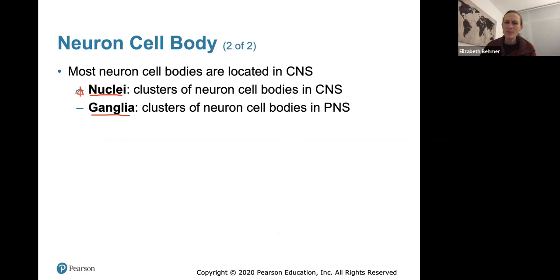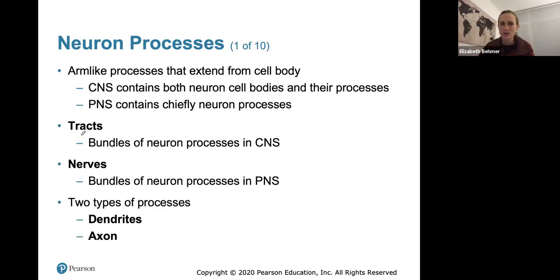We'll bring up the idea of nuclei and ganglia again as we delve further into the nervous system later. So here are some of the processes that form a neuron. Arm-like processes that extend from the cell body are their processes.